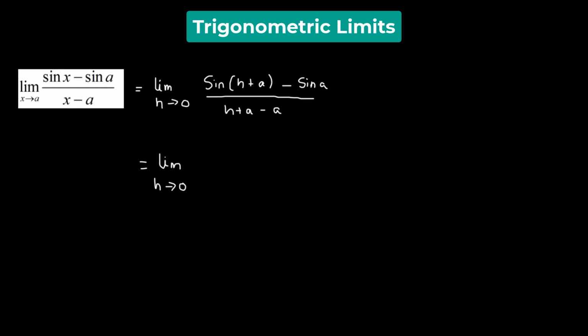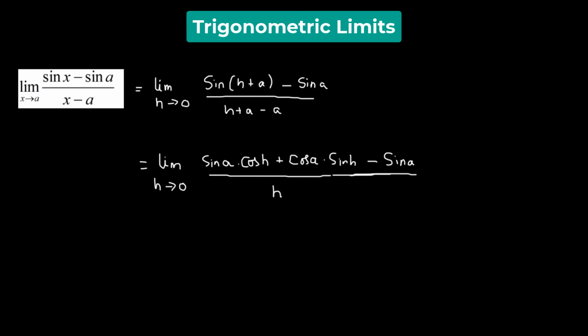So sine of (h plus a) is an identity, we can expand it, and this will become sine a times cosine of h plus cosine of a times sine of h minus sine of a divided by h. So the a and a get cancelled.